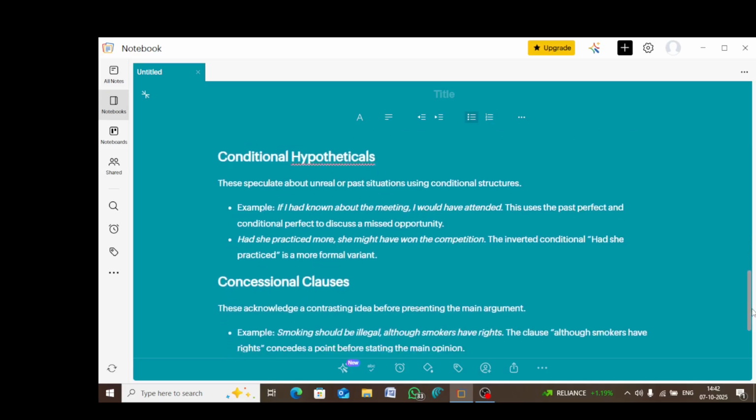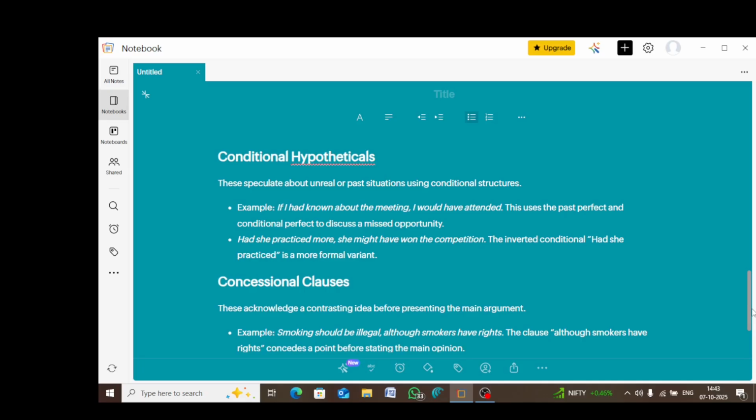Actually, these are conditional sentences which indicate past hypotheticals, that is past conditionals. The meaning is past. It means if in the past something happened, on this condition another thing could have happened or would have happened. That means if the condition was fulfilled in the past, another action would have happened.